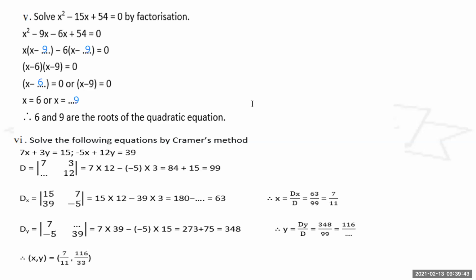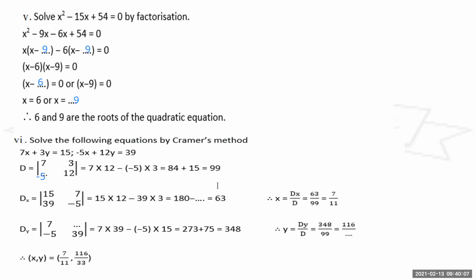Now check. Solve the following equation by Cramer's method. In the first box of D, 7. Now what would come below 7? That is minus 5. Understand? Go check, the coefficient of x will come here.